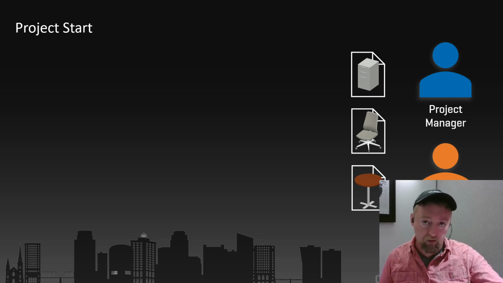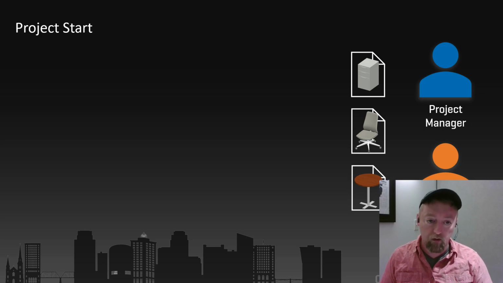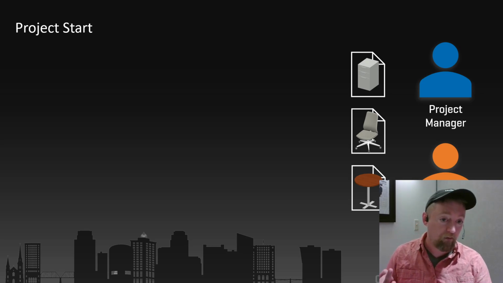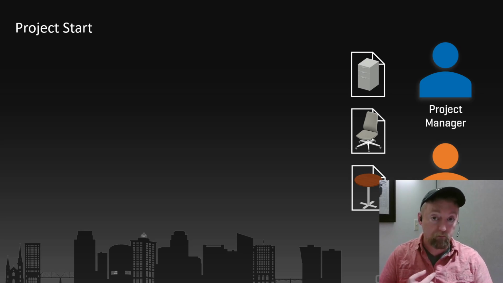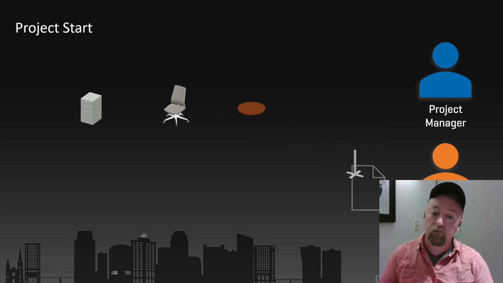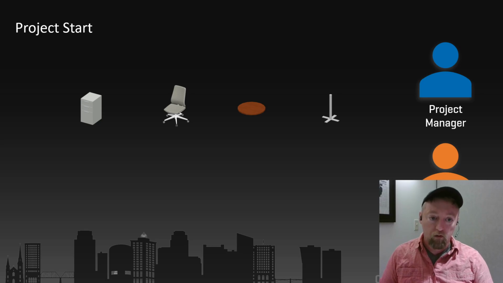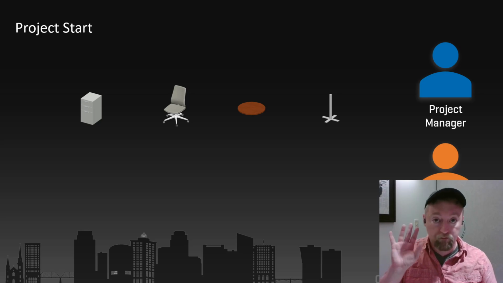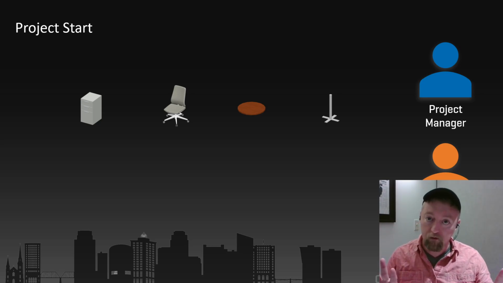Say these three products I have on screen here that we worked out together. To a project owner, these are three clearly distinct things: a pedestal, an office chair, and a freestanding table. But to a developer, that might be actually four different bodies of work. For that table, the developer might say it's easiest to think of the tabletop as its own thing and the support as its own thing.